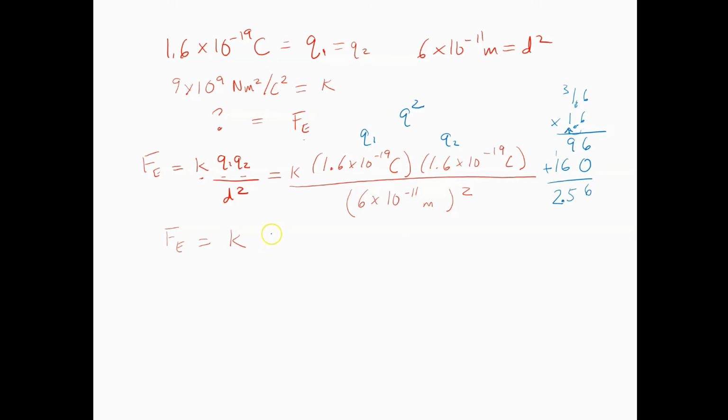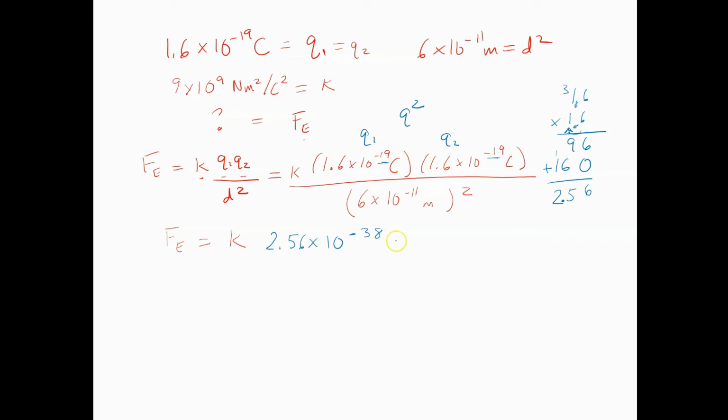So 2.56 times 10 to the, I have negative 19 and negative 19 as my exponents. When you multiply, you add exponents. This was part of the review in the earlier pages of your study guide with scientific notation. Negative 19 plus negative 19 is minus 38.